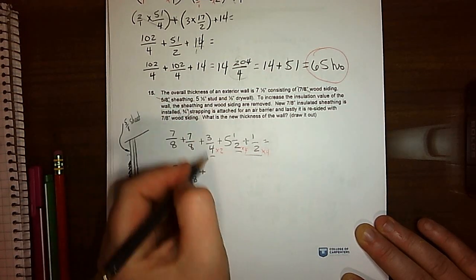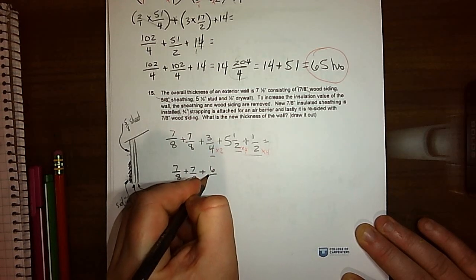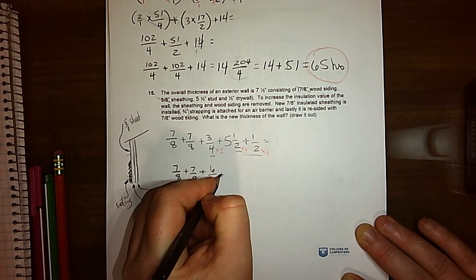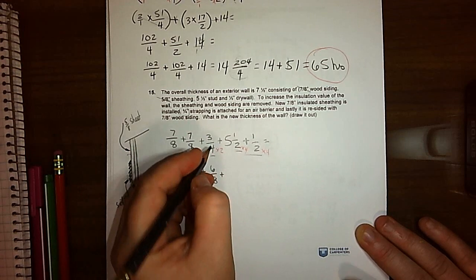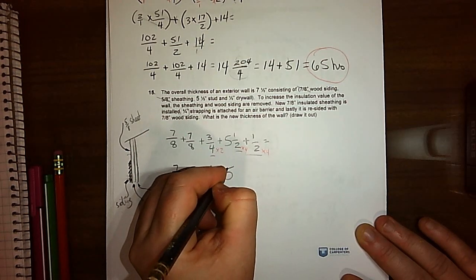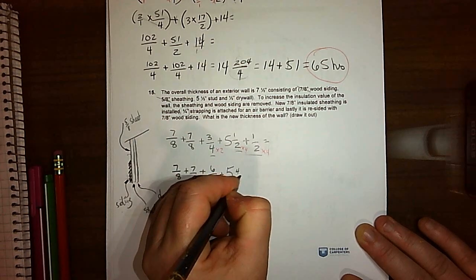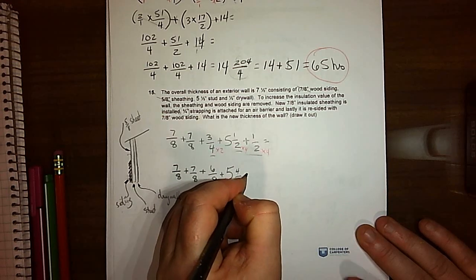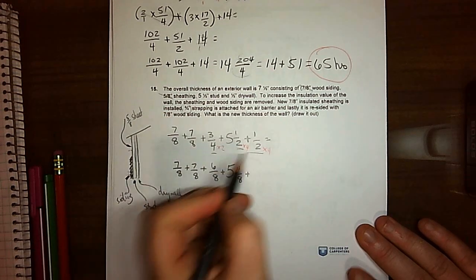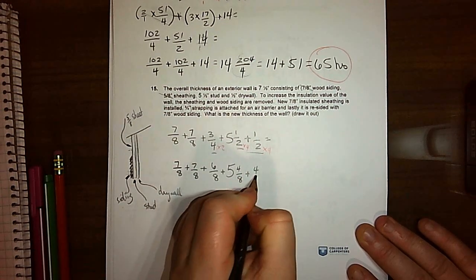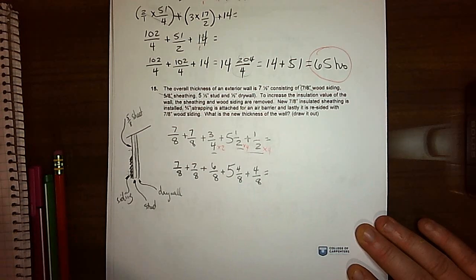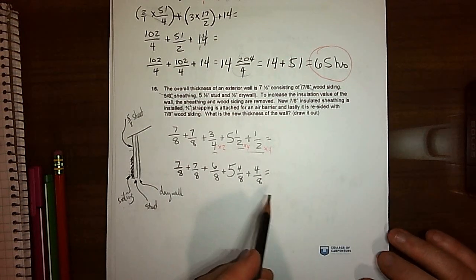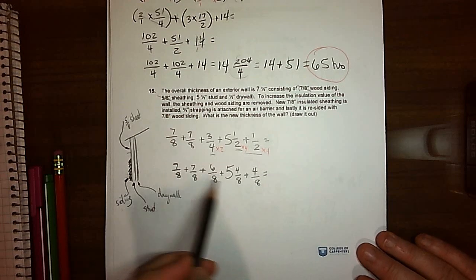So 6/8 plus 5 and 4/8 plus 4/8. Now we can add all this stuff up.